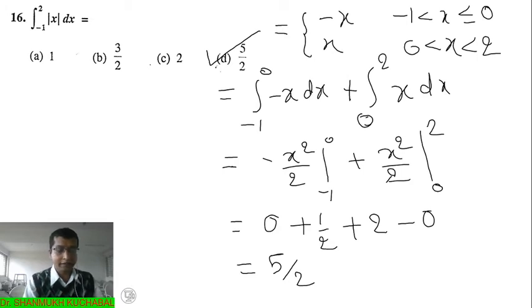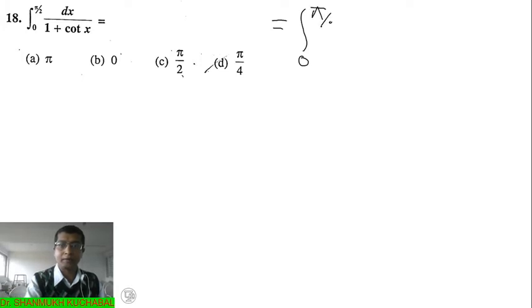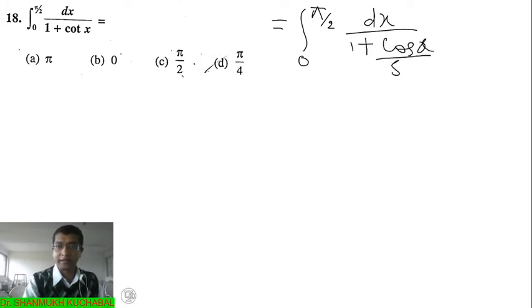Further we'll move to our next example. It is integration from 0 to pi by 2 of dx divided by 1 plus cot x. So first we take the integral from 0 to pi by 2 of dx over 1 plus cot x. Cot x can be written as cos x divided by sin x.